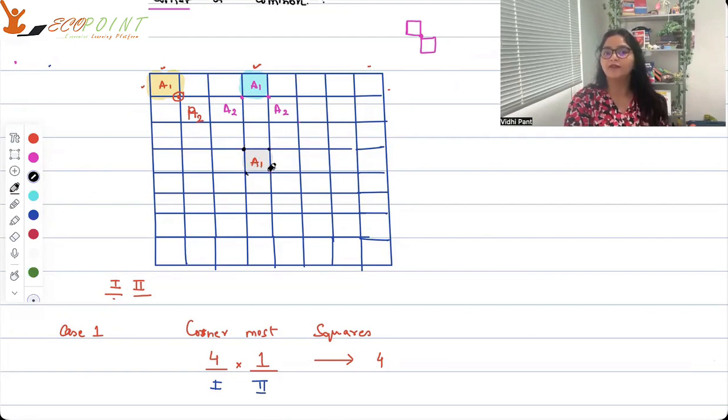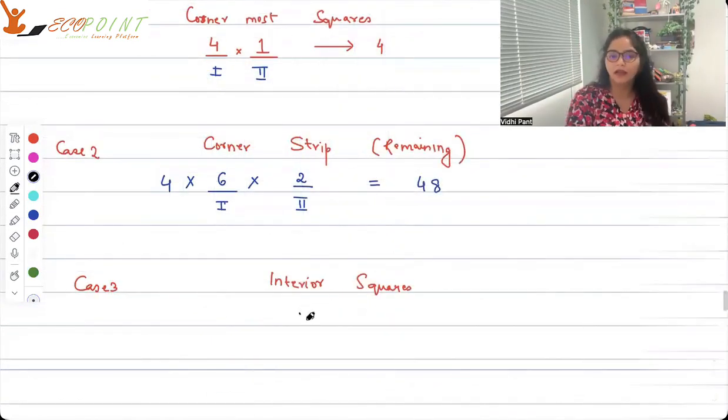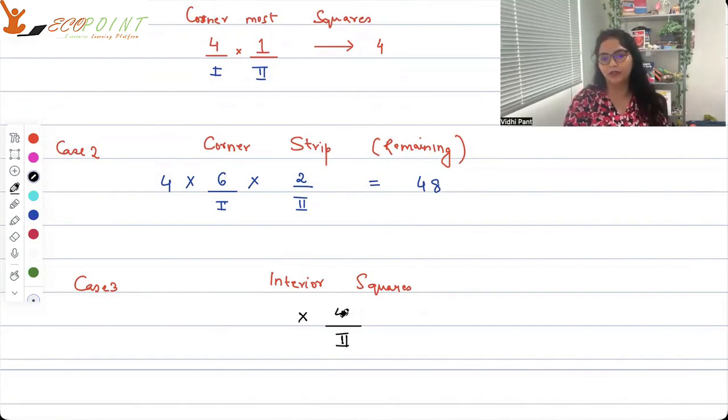I have squares all around this interior square, so the second could be this one, this one, this one, or this one. For the second square, I have 4 options available.